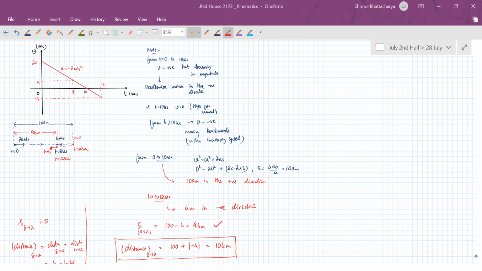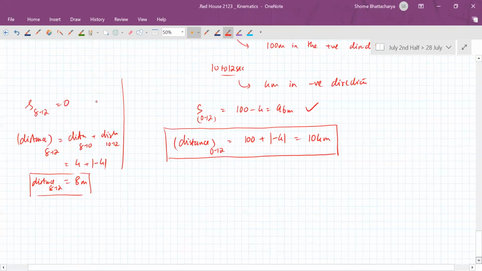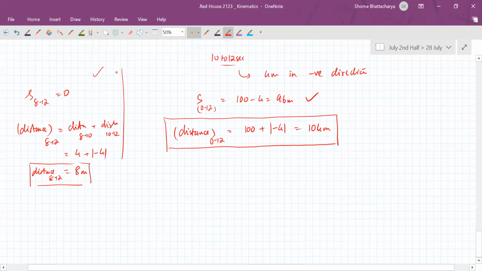Okay, so hope this is clear. I'm just taking you through the last part, which is the distance traveled from 8 to 12 seconds. That's calculated over here.